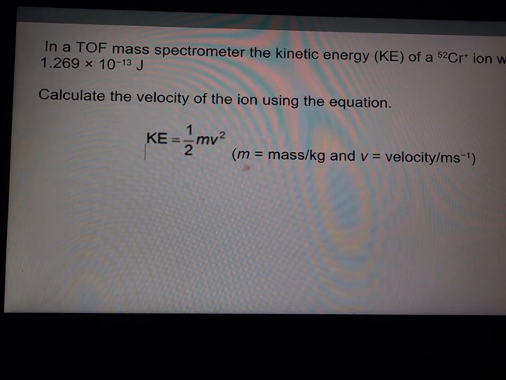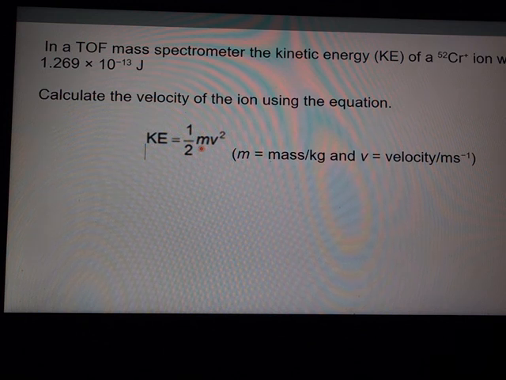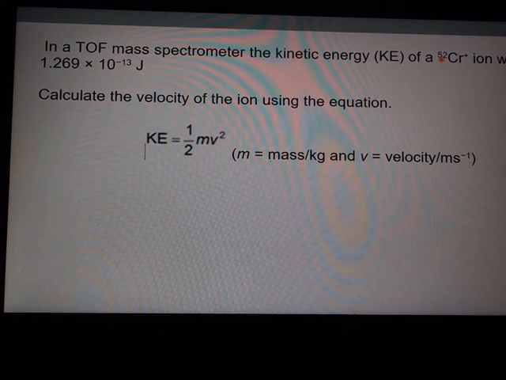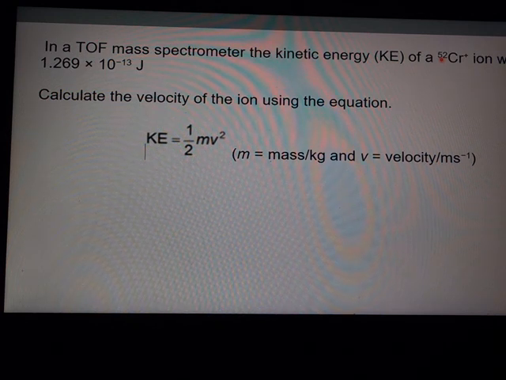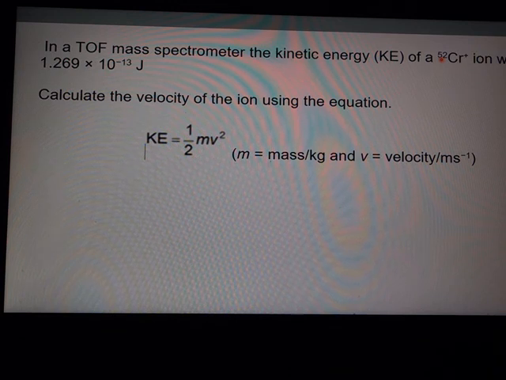And we need to remember that the mass needs to be in kilogram, and it's the mass of one ion. So we'll need to divide that 52 by 1,000 to get it in kilogram, because it's 52 grams, and that will be the mass of 1 mole of ions.